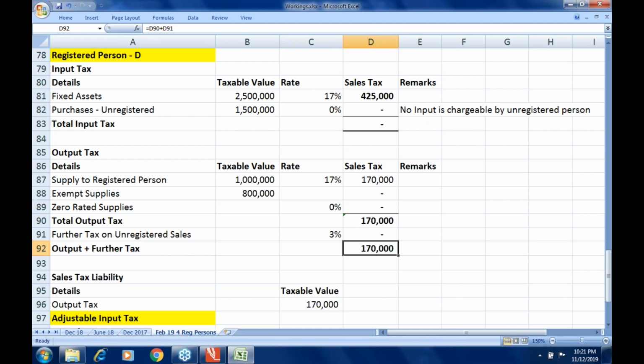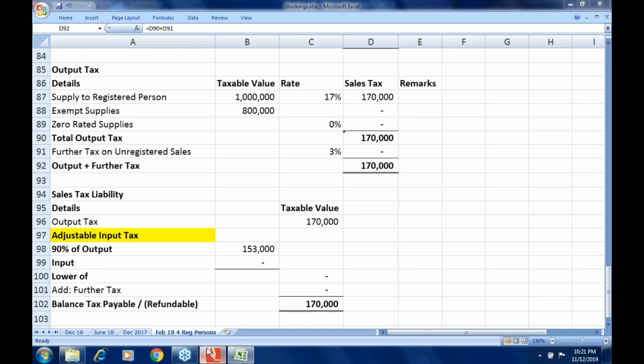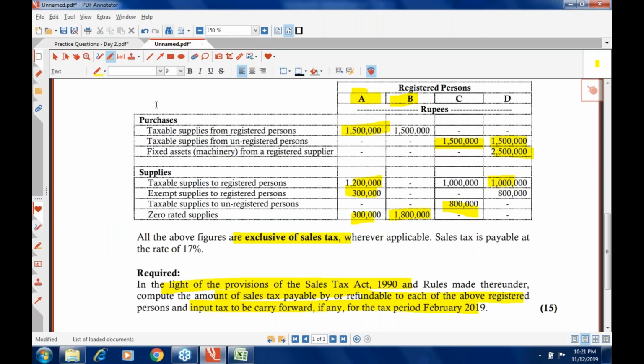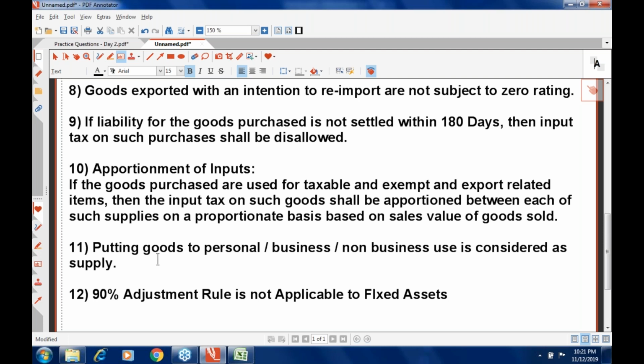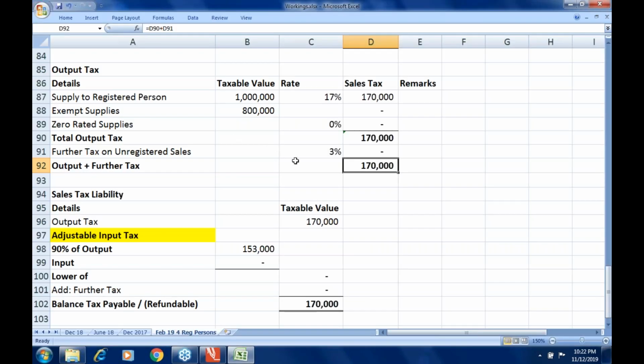You need to understand. There is a law which needs to be understood, and that law is that the 90% adjustment rule is not applicable to fixed assets.